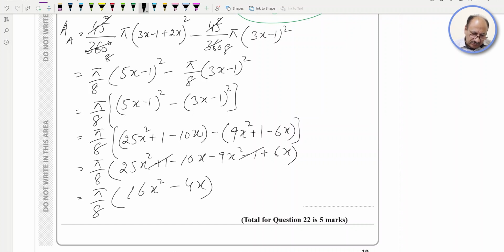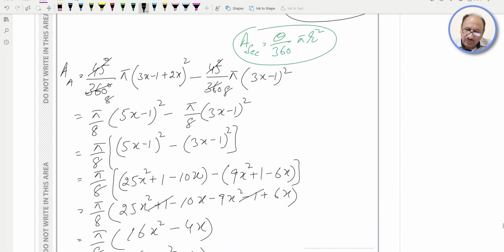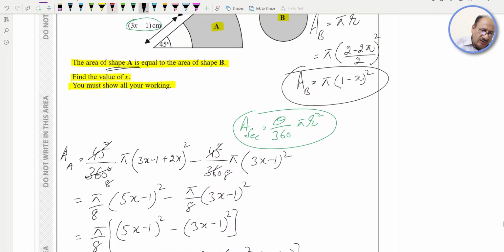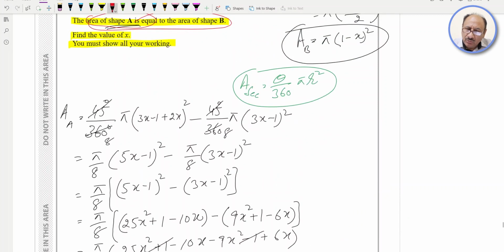Now we can take common 4 and it will be cancelled, and we'll get pi by 2 into (4x squared minus x). And now we can solve the rest of the portion on this side, and they're saying the area of shape A is equal to the area of shape B. So the area of shape A is this one, the area of shape B is this one, so this is equal to this.